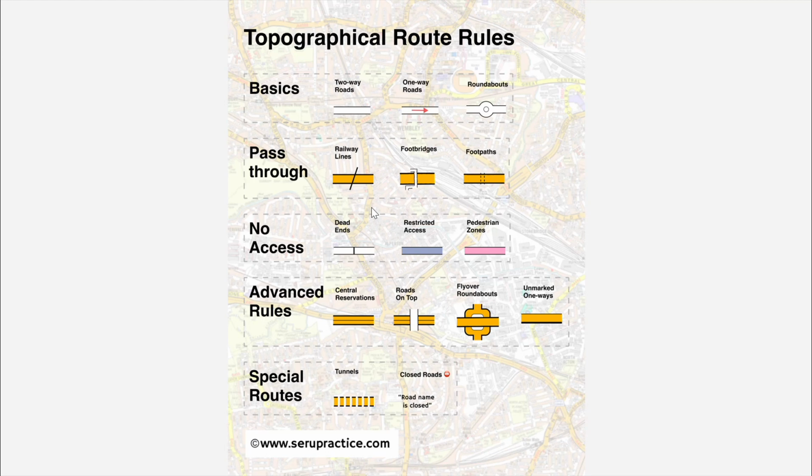This is exactly what we teach in our one-on-one training lessons with our professional instructors, that enable aspirants to learn how to navigate from our green marker to red marker, how to plan routes more effectively, how to avoid making any mistakes that cause you to lose marks. Advanced rules like center reservation, roads on top, flyover roundabout, and unmarked one-ways are something which we will see in this question as well, which we are about to solve.